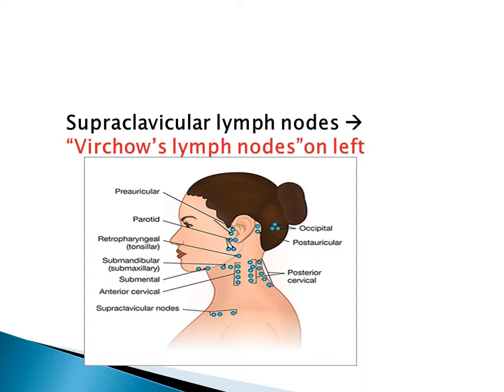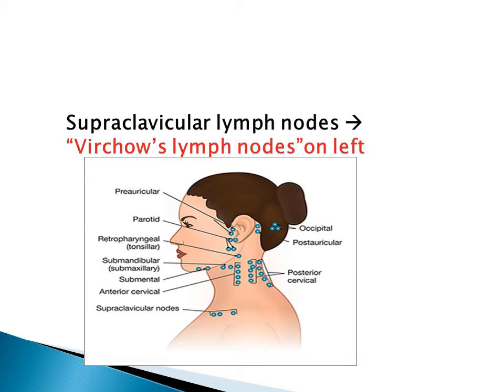So these supraclavicular lymph nodes are part of the lower deep cervical nodes, and they reach the supraclavicular triangle, which is also called the subclavian triangle, when they extend along the brachial plexus or the subclavian vessels. These supraclavicular lymph nodes, which are present on the left side, are called Virchow's lymph nodes.